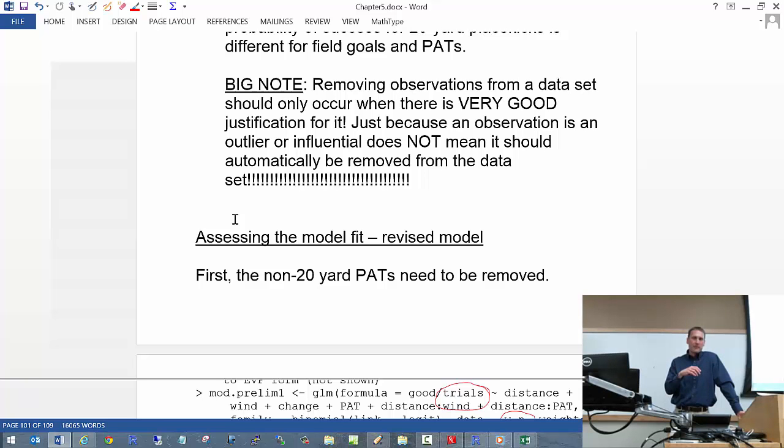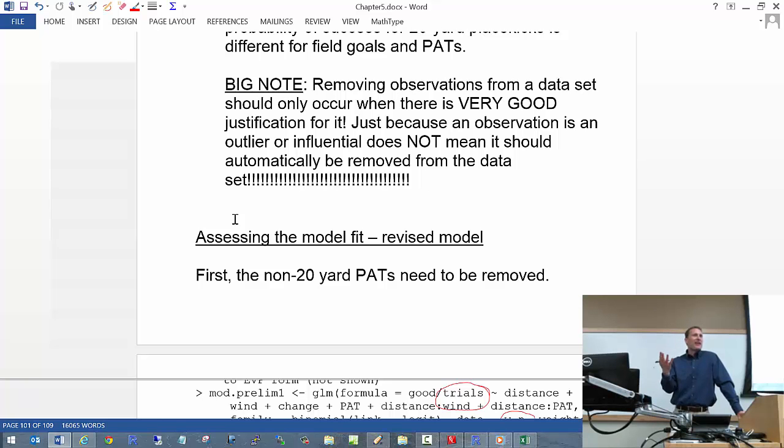So they did that. Then they re-estimated the model, and guess what? There were a few more observations outside plus or minus 2. They said, "Oh, okay, I'll remove those observations." No justification, just that they're outside plus or minus 2. And I think they went through this one more time before they got tired. And even though in the end they still had some observations outside of plus or minus 2, they decided to move on.